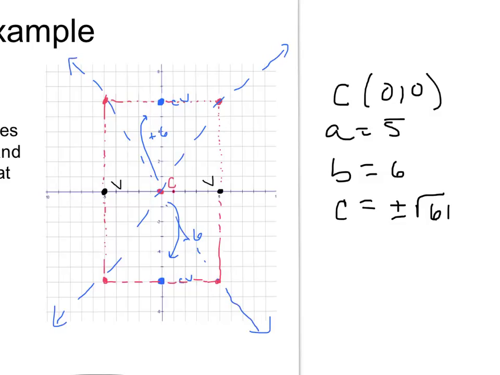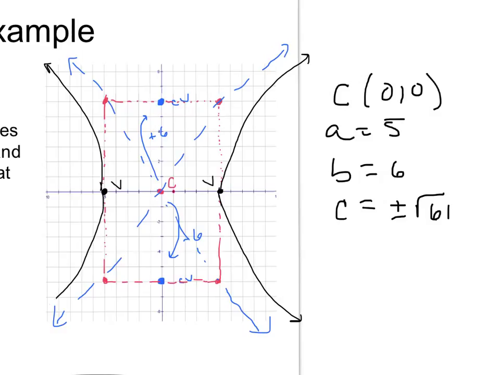These asymptotes tell us how wide we're supposed to graph our hyperbola. The hyperbola is going to stretch and be attracted to that asymptote, and that's how we can see how wide or narrow the hyperbola is going to be.